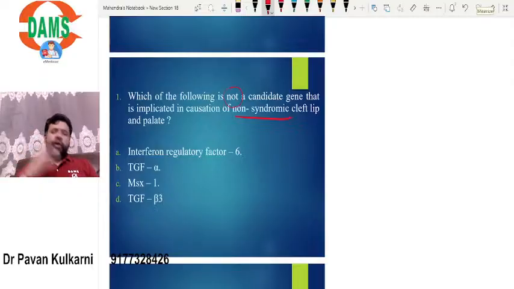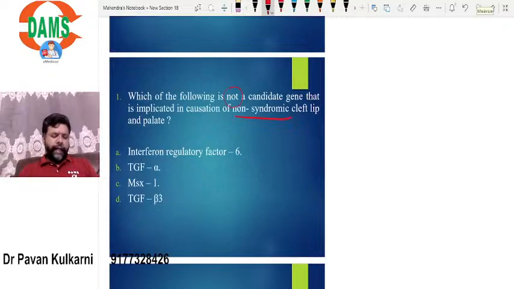So among four options, four genes, which is not a candidate gene implicated in the causation of non-syndromic? That means one gene is associated with a syndrome, and the other three options are associated with non-syndromic.